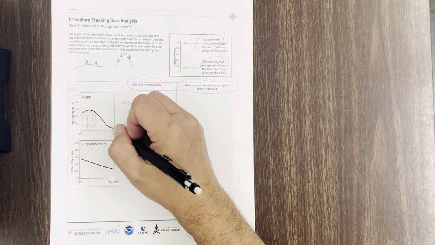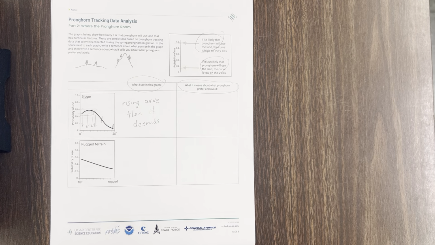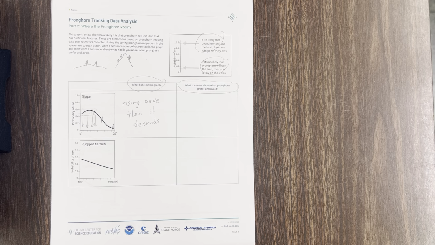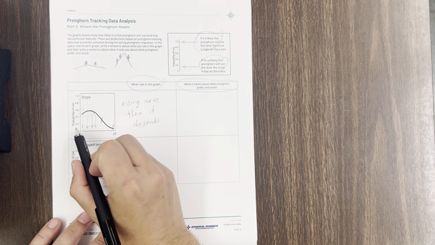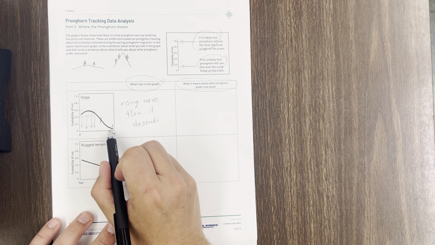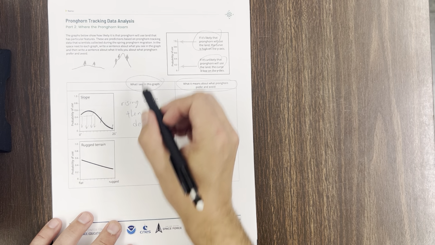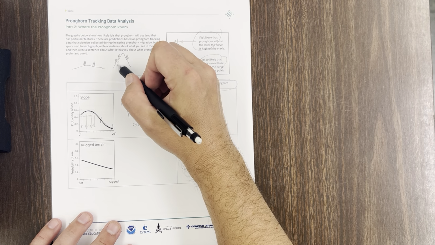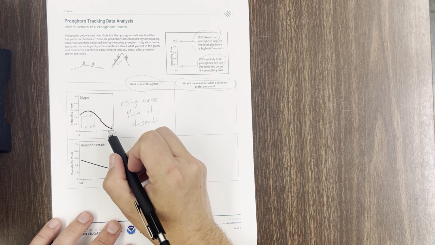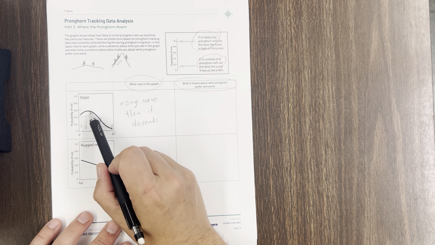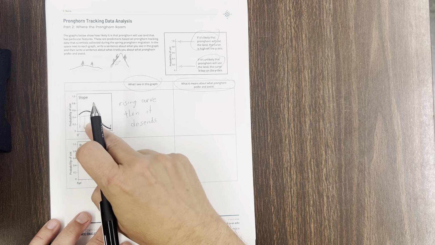But as that slope gets steeper, like in this range here, you're not going to find as many of the pronghorn out at a steep slope. So the probability of finding them is very low. So when we're talking about a 25% slope, a very steep slope, you're just not going to see those pronghorn. You're going to see much more of them on a gentle slope. And that's how we read this graph.